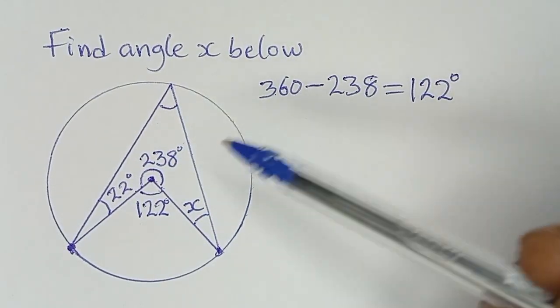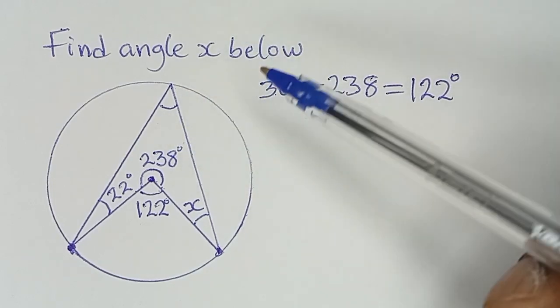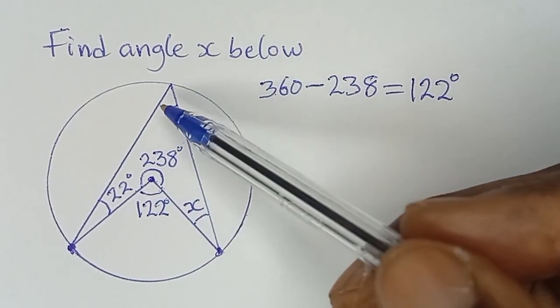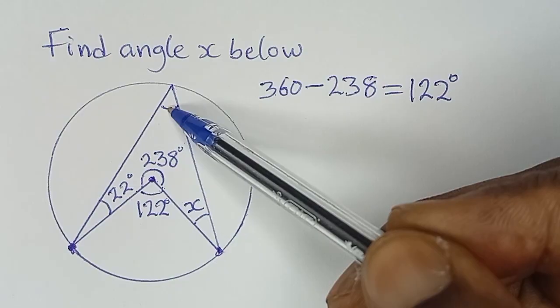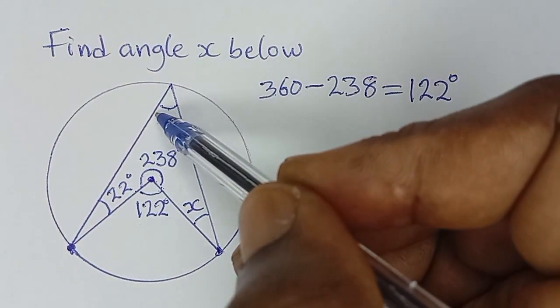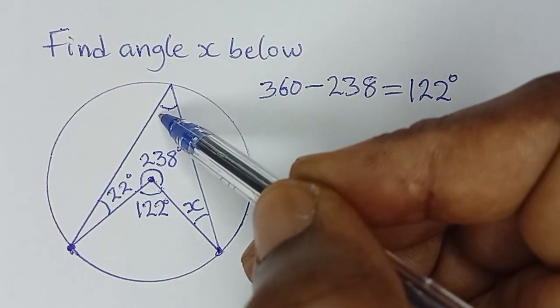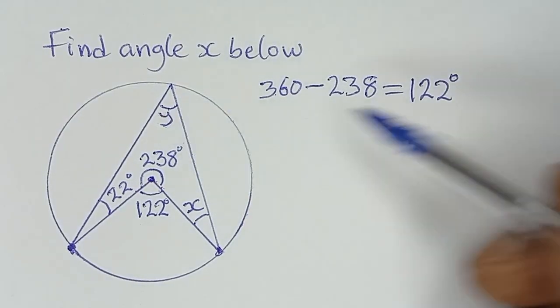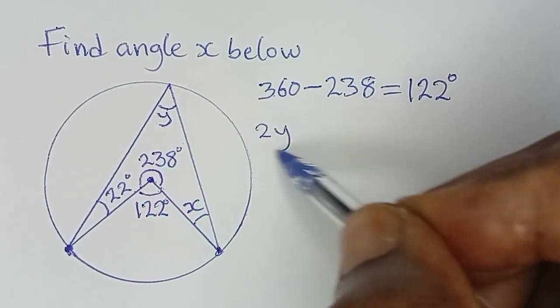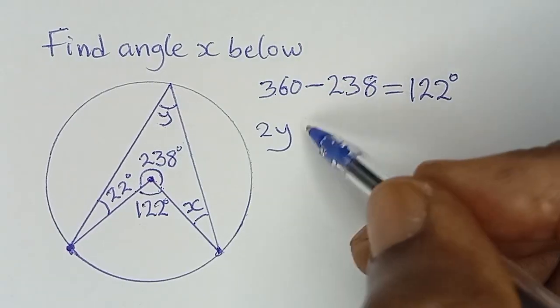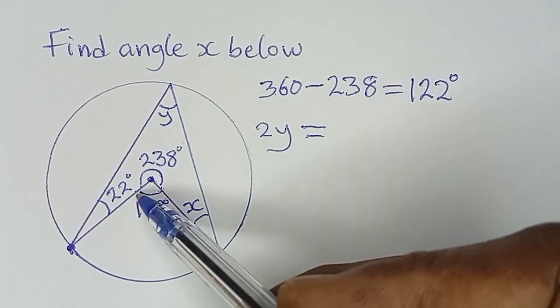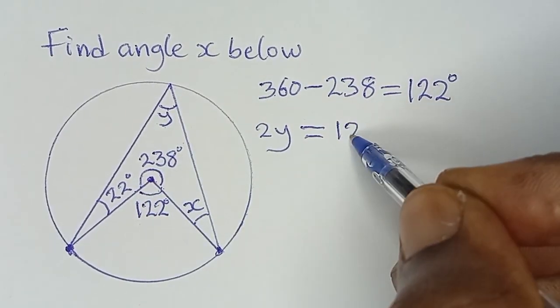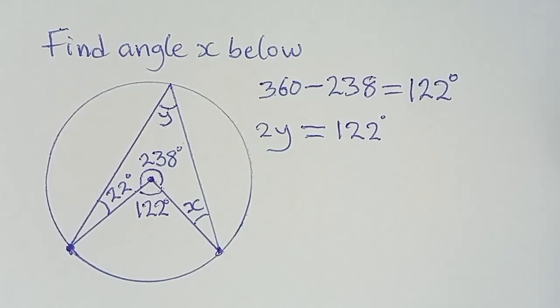Now you agree with me that the theorem says that angle at center is twice angle at the circumference. So if, for example, the angle at the circumference is y, then twice the angle at the circumference, which is 2y, is equal to angle at center, which is 122 degrees.